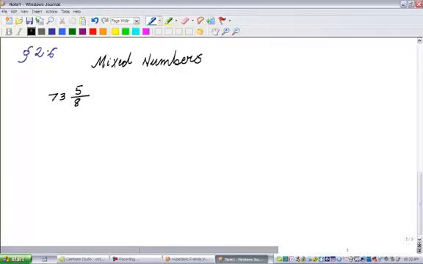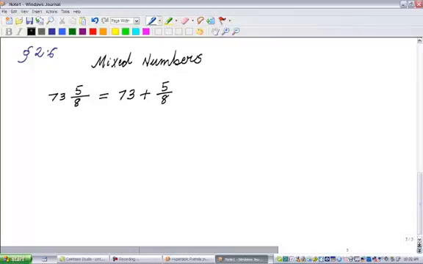This is not multiplication. If I put a dot here or a parenthesis, then it's multiplication. This is a mixed number. The meaning of this is you're adding 73 and 5/8.